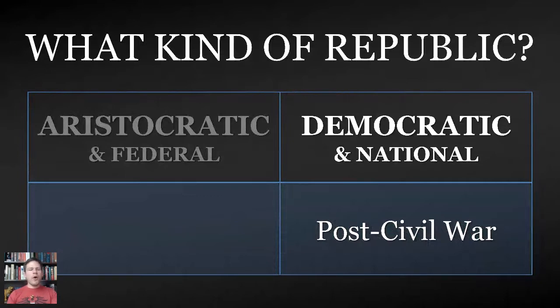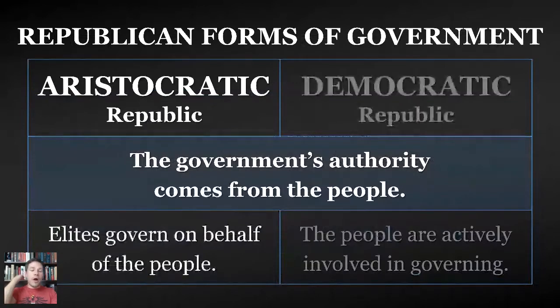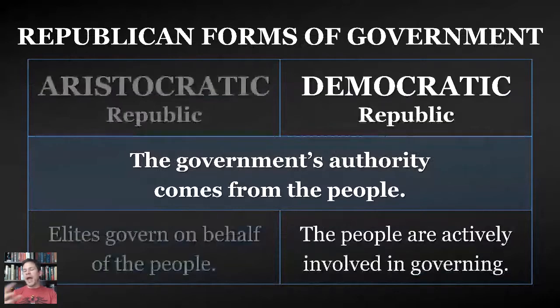When we look at what is a republican form of government, basically the government's authority comes from the people. In an aristocratic republic, elites govern on behalf of the people. In a democratic republic, people are actively involved in governing.